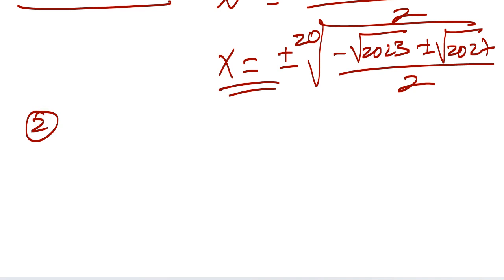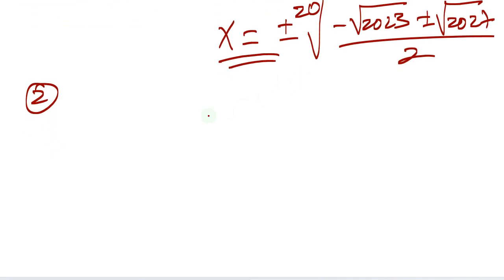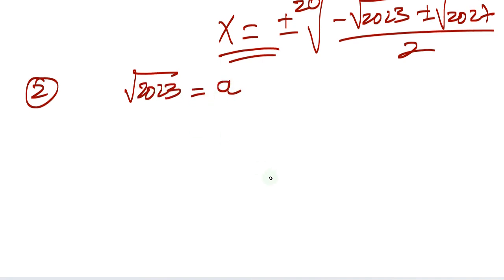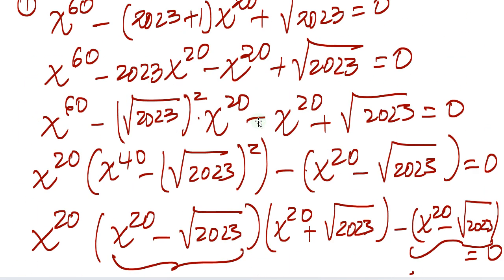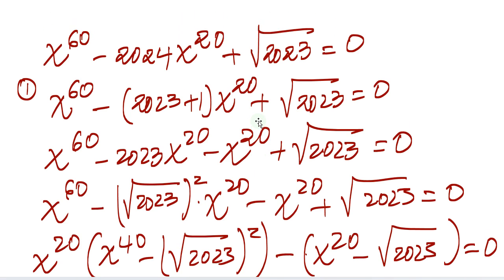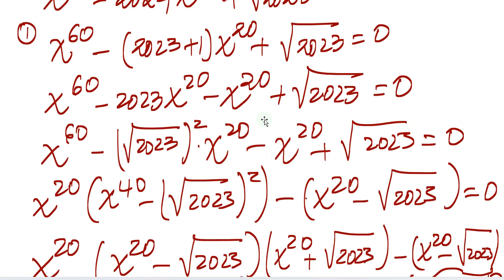So the second method, I'm gonna say that square root of 2023 is equal to a. Okay, so a is greater than 0, so we have then 2023 is equal to a squared. And then I'm gonna replace everything in our equation. I'm gonna take this step here and start from here.